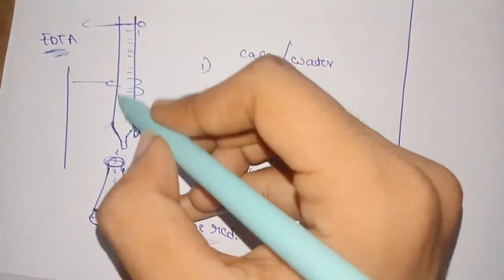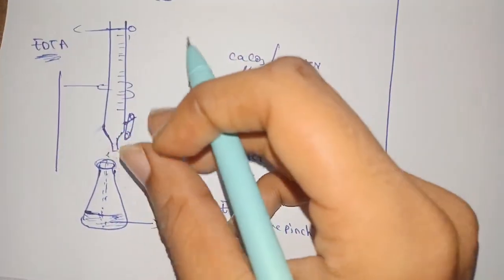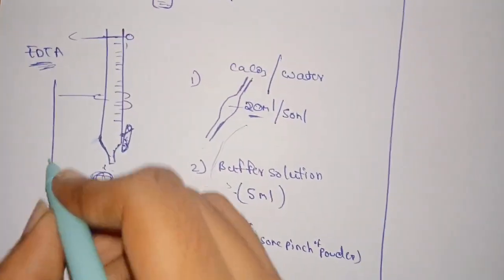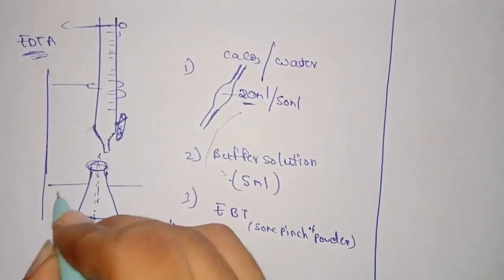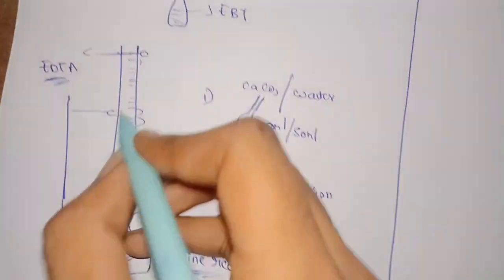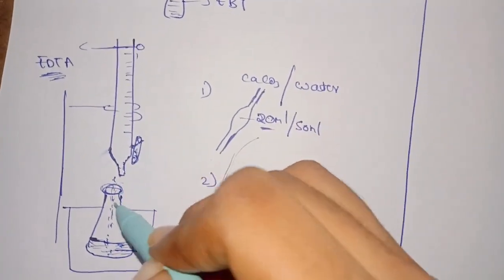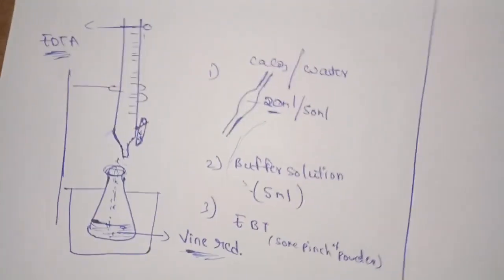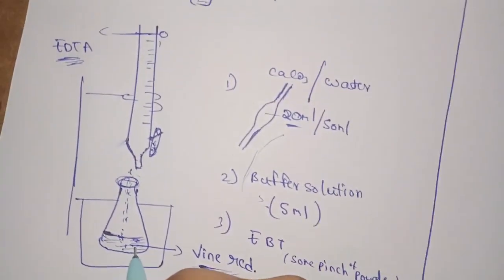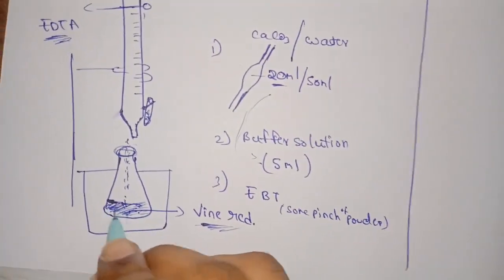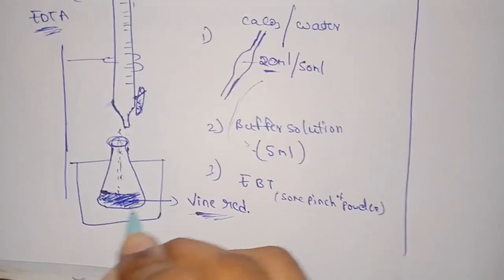When we start the titration, drop by drop of EDTA, the wine red color will convert into blue color.